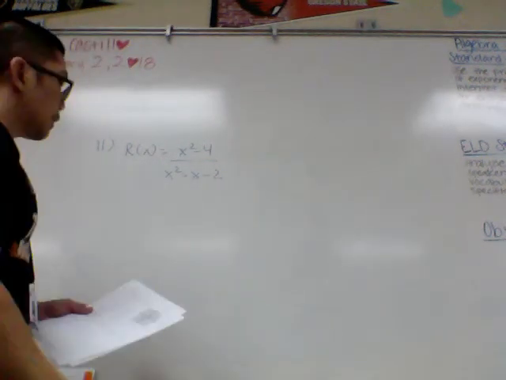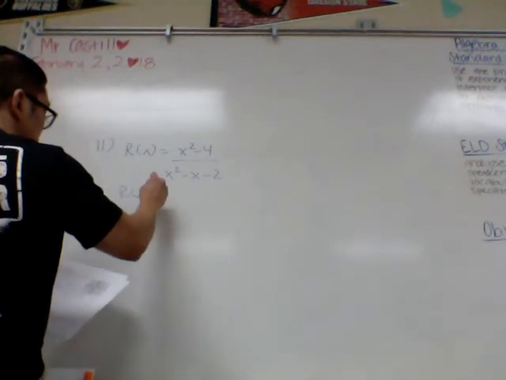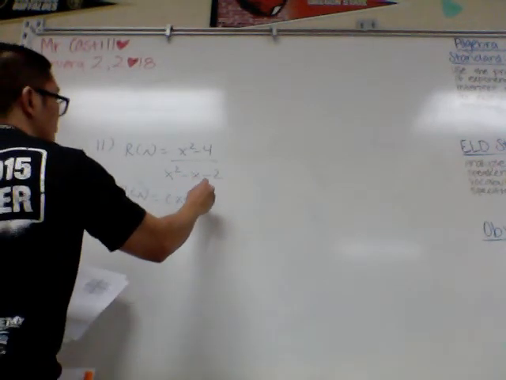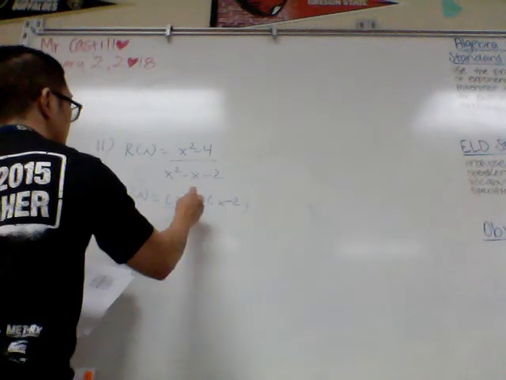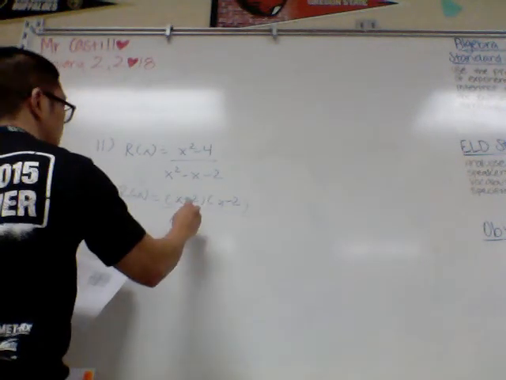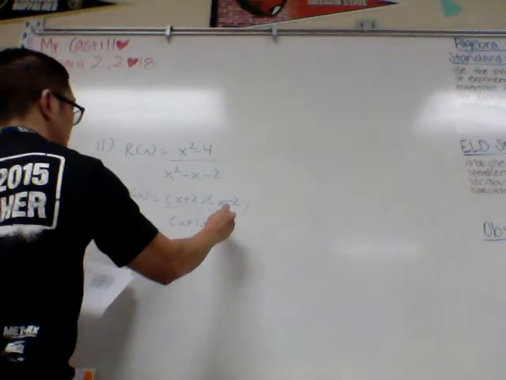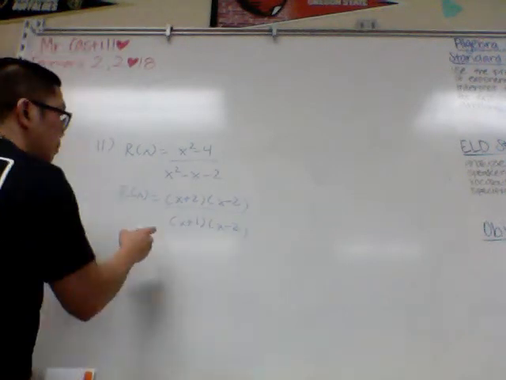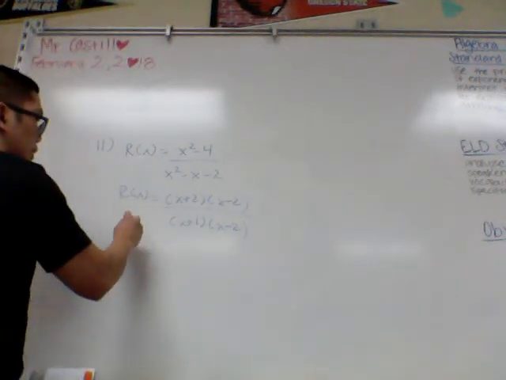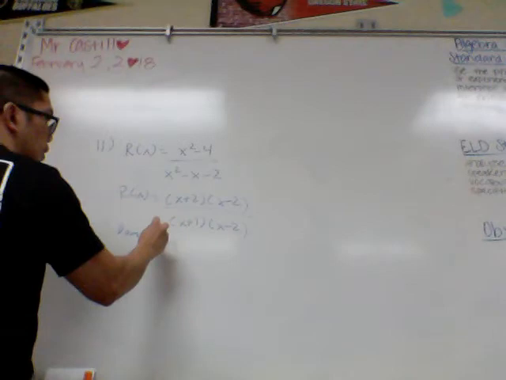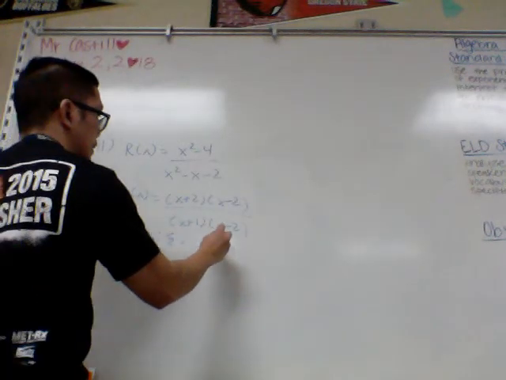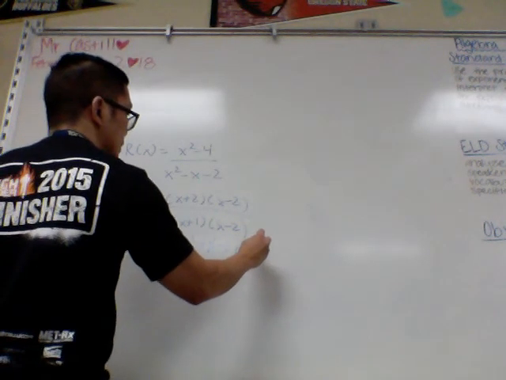If I factor, this is r of x equal to x plus 2, x minus 2, difference of squares, and on the bottom, x plus 1, x minus 2. And I know my domain is all x, but x cannot equal negative 1, and x cannot equal 2.